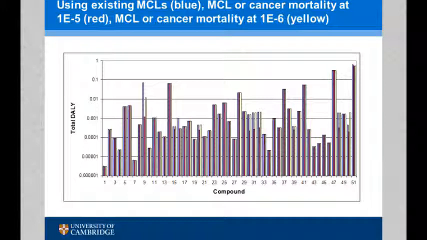Very large differences in the disability-adjusted life years for different compounds, all at the same, in this case, either their regulatory MCL or whatever calculation of MCL you would get if you had cancer mortality as the driver.